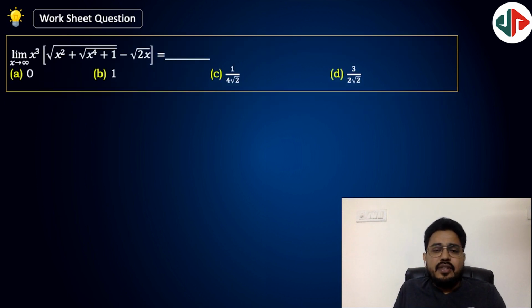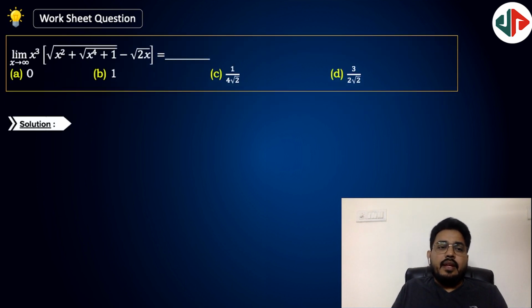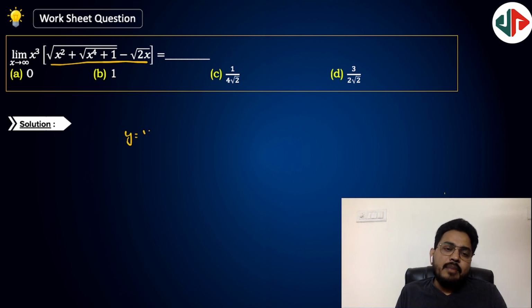Limit x tending to 0, x cube times this expression. When such a type of thing is there, you need to rationalize one way. Or you can also put y equal to 1 by x.